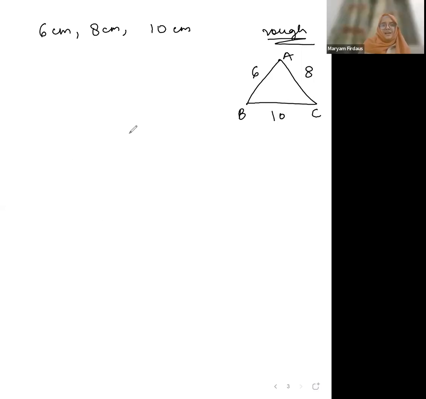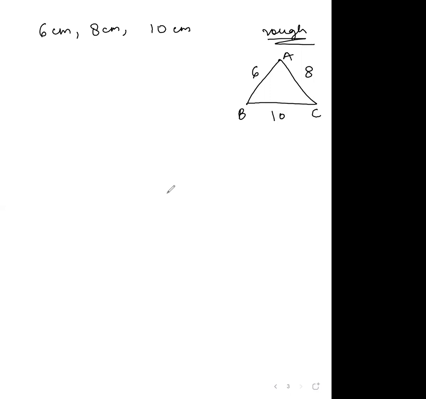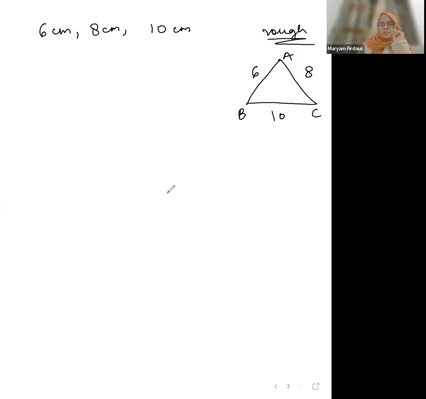Now comes the actual construction. What is the first thing you'll have to construct? We are going to construct the line segment BC of 10 centimeters. Let's do that.